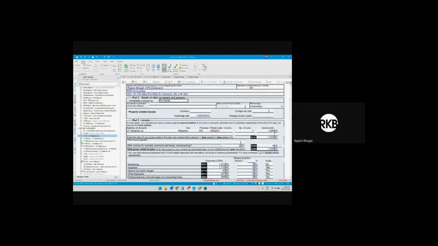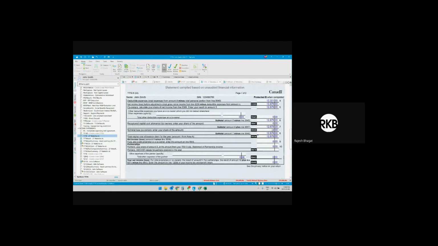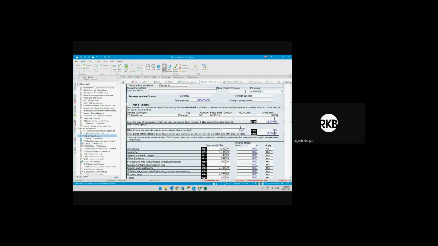Now let's make his rental income $25,000. Now he can claim depreciation on total capital cost allowance, line 9936, 12,679. Now let's make it 30,000.